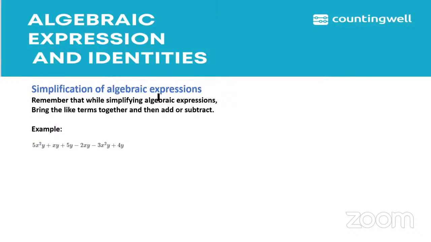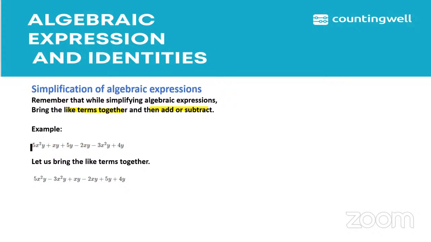Let us see simplification of algebraic expressions. While simplifying, you have to bring the like terms together and then add or subtract. As we saw how to identify the like terms, you have to group the like terms and do the operation.